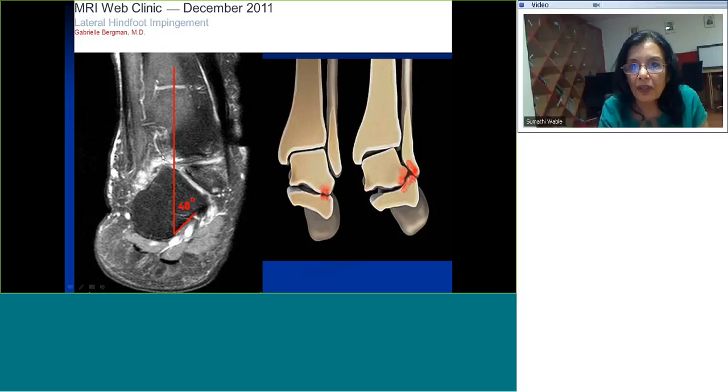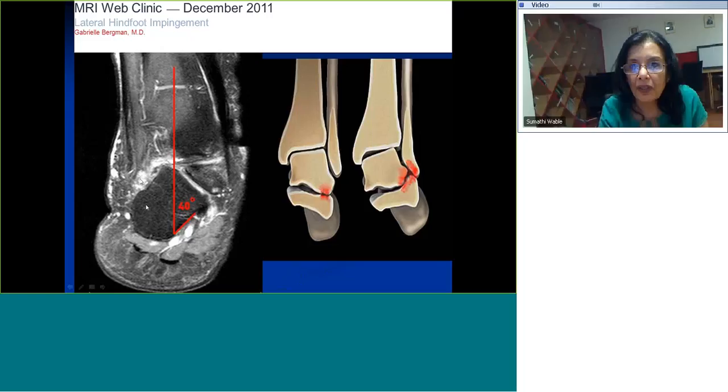Now, as you know, posterior tibial tendon is a dynamic stabilizer of the medial arch, and once the tendon tears, the medial arch starts to fall apart, and you can get planus deformity.